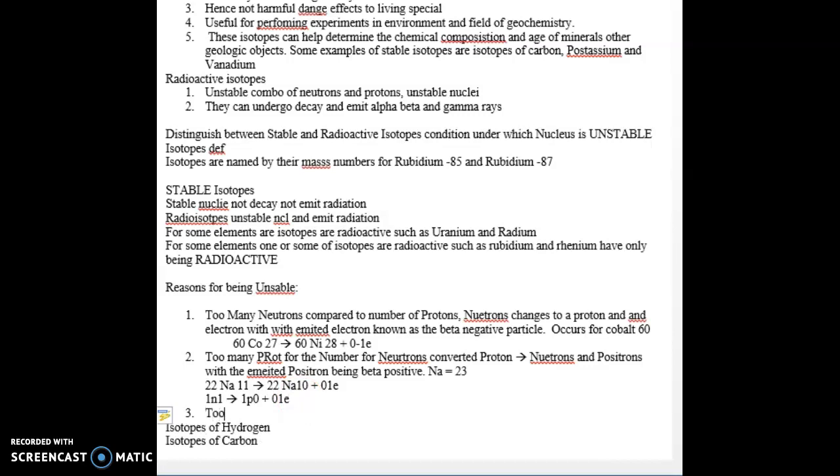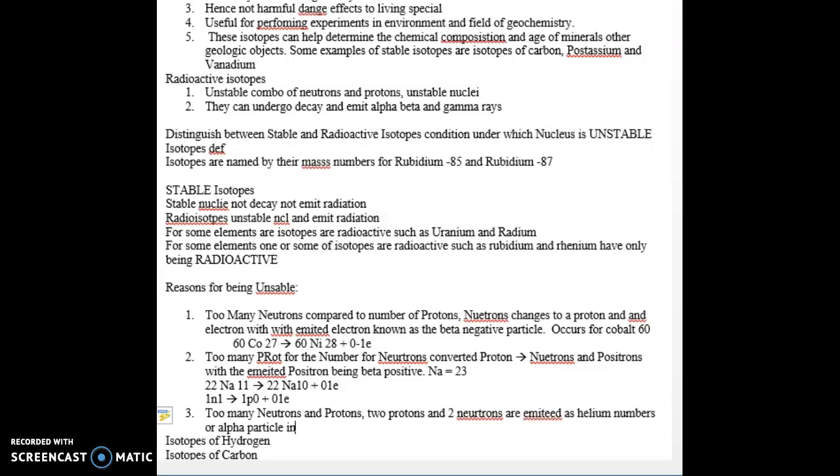Then there's going to be too many neutrons and protons overall. So 2 protons and 2 neutrons are emitted as a helium nucleus, or alpha particle.